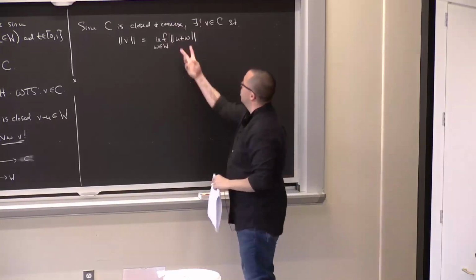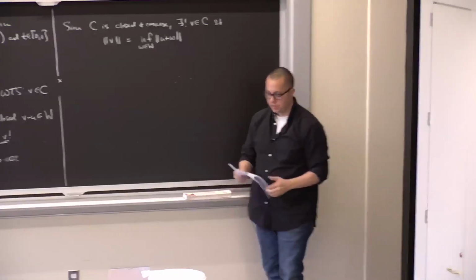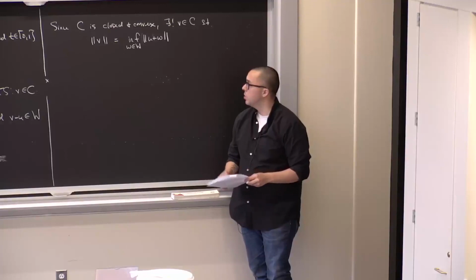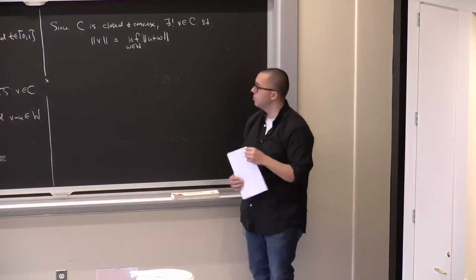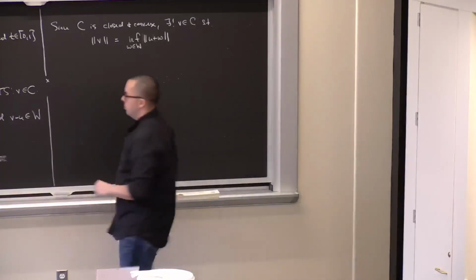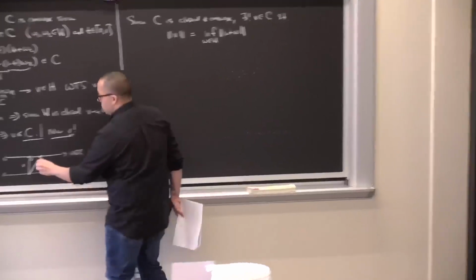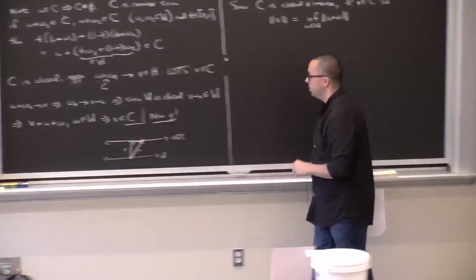Because all of the elements in C come in this way. So this is the way this infimum can be written. Okay? So I've identified a candidate for the part that will be orthogonal, and then simply U minus V will be the part that's in C, hopefully.